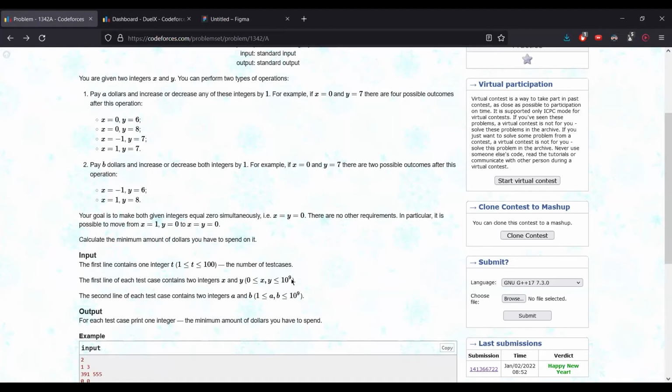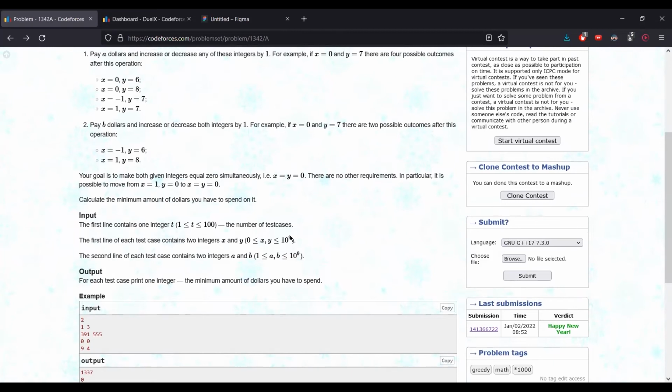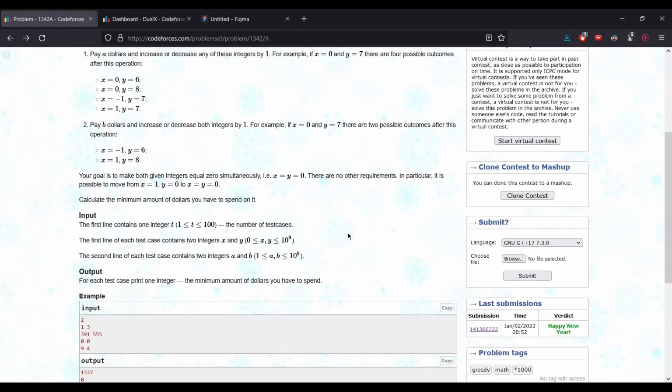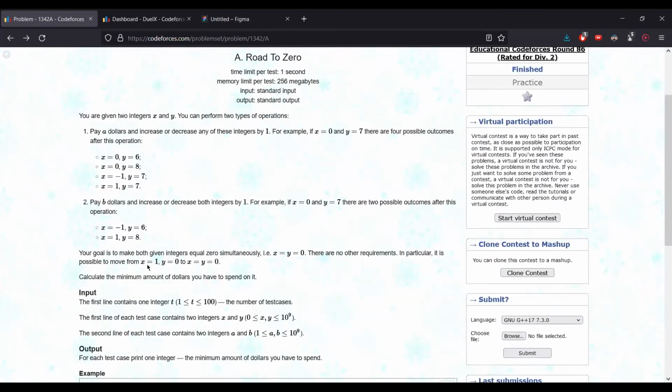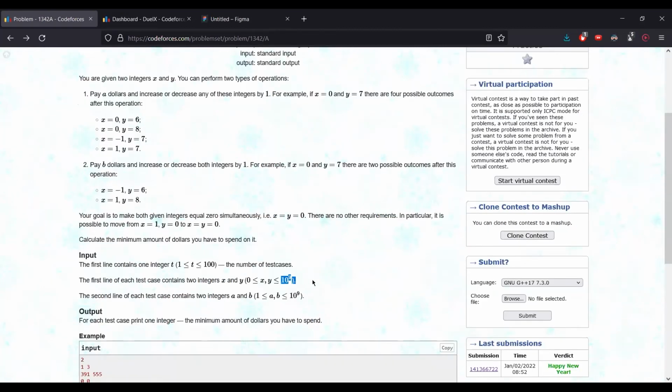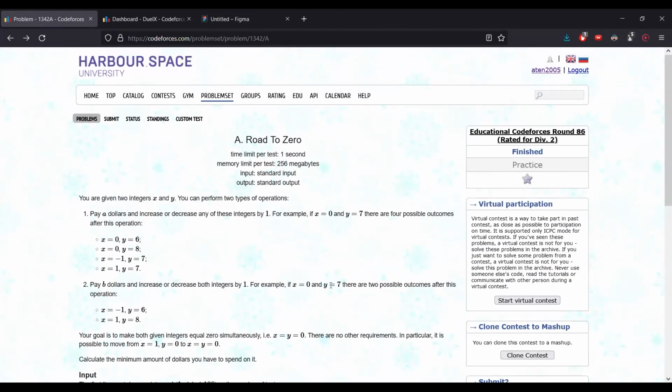Whenever you see something like this, you know that if you're using C++, you should not use int because you'll face integer overflow. So this problem will use long long. In Python, you don't need to worry about that. Python is very chill with big numbers.